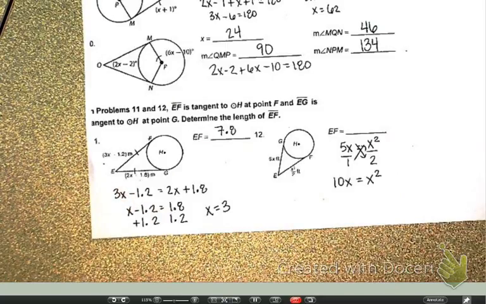Now I need to get x by itself. We can't divide by x here. Okay? We can't do that either. We can't find the square root. Any other ideas? It is not unsolvable.